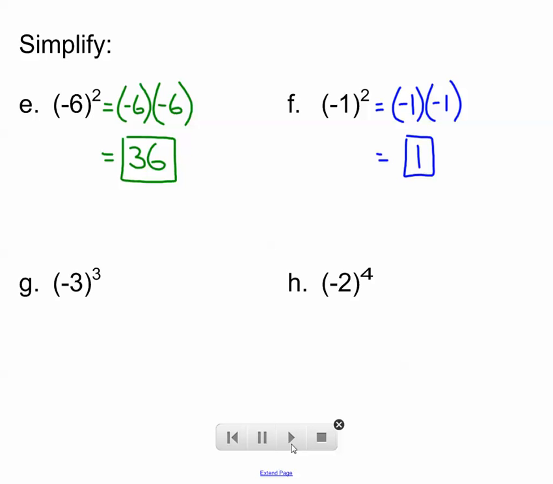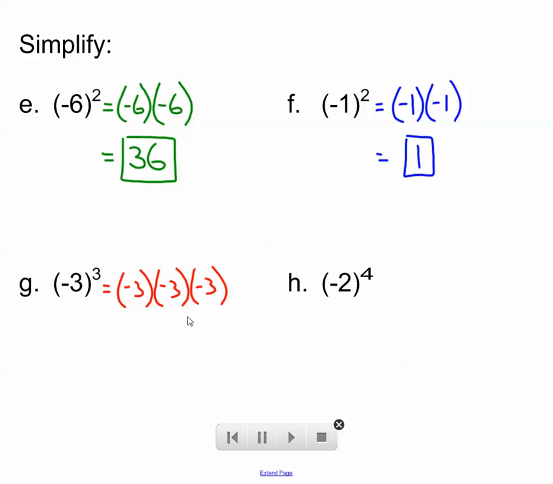On G, we've got -3 times -3 times -3. Okay, so if you have 3 negatives, just like I said, a negative times a positive is negative. 3 negatives is also negative.